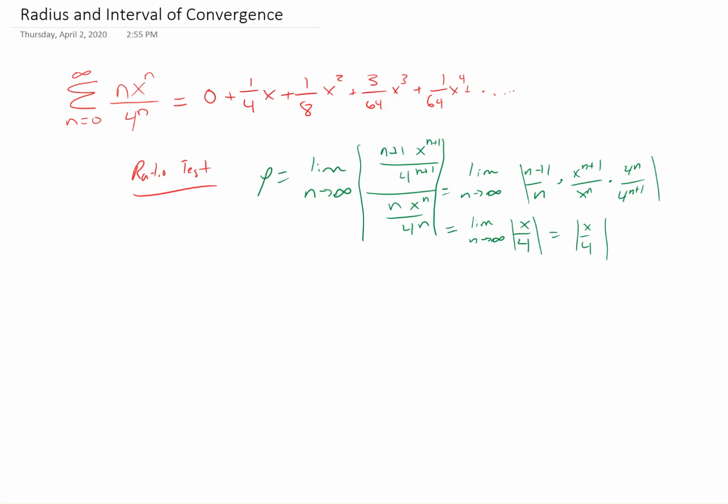Now, when does this converge? Well, it converges when rho is less than 1. So therefore, it converges when the absolute value of x over 4 is less than 1, right? Okay, great. So we know that when the absolute value of x is less than 4, we have convergence. And we can rewrite this as an absolute value inequality.